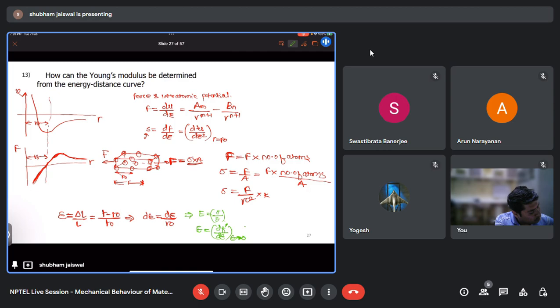So now put the value here, that is f upon r naught square upon dr by r naught.